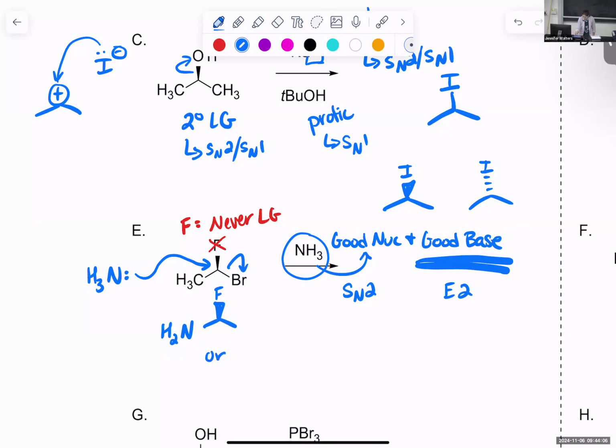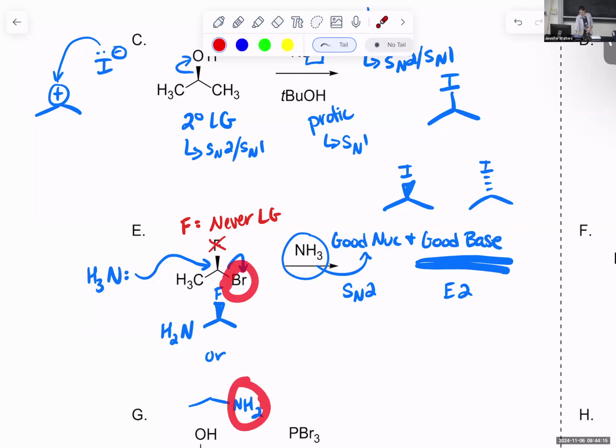Or what I prefer to do is have my nucleophile directly replace my leaving group. I just erase my leaving group, put in my nucleophile, and then flip my wedges and dashes. That way I know that I did my version of stereochemistry. You don't do both, because then that's retention.